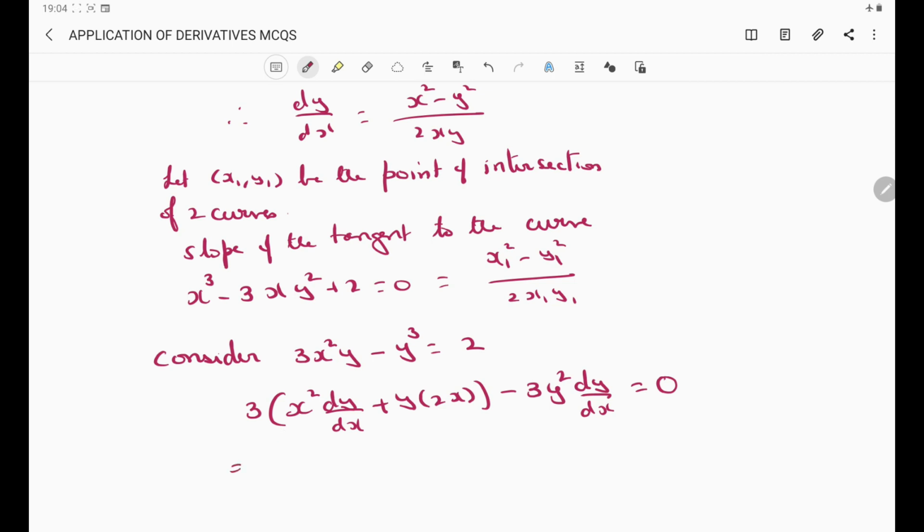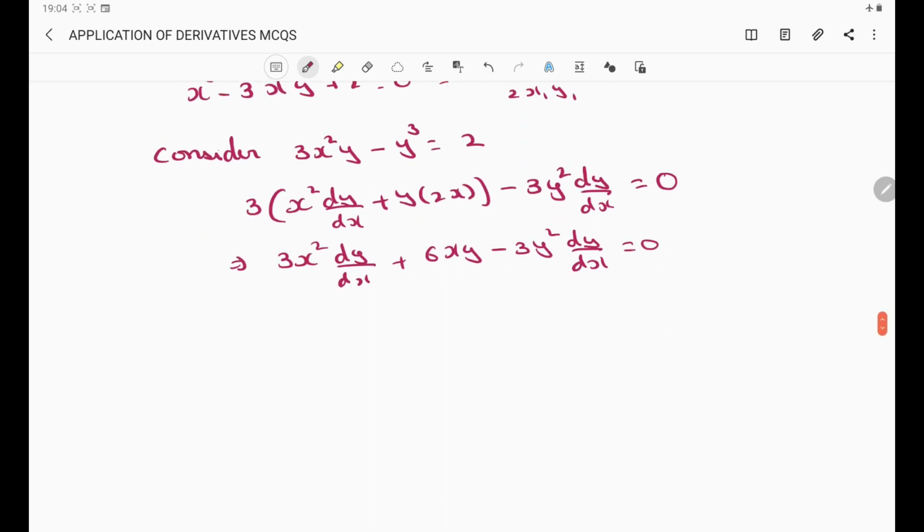So this implies 3x square dy by dx plus 6xy minus 3y square dy by dx is equal to 0. We can divide throughout by 3. We get x square dy by dx plus 2xy minus y square dy by dx is equal to 0.